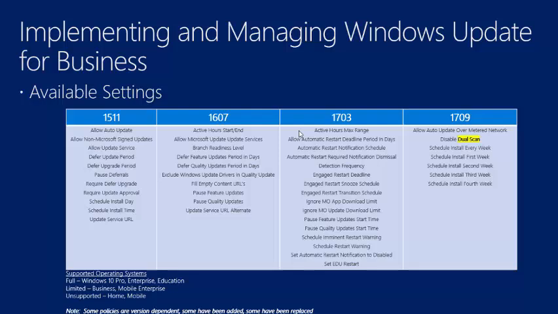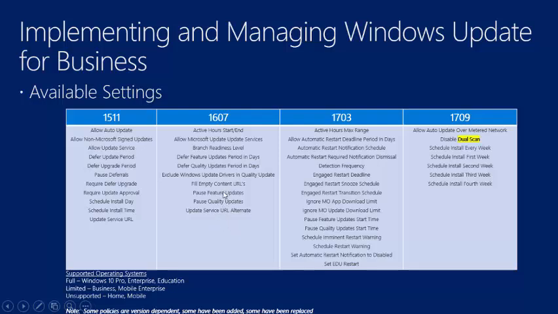So as you look across from left to right, version 15.11 all the way through 17.09, you'll see the different settings that we've added along the way. So for example, in 16.07, you see that we've added active hours, and that's a generic Windows Update setting. Allow Microsoft Update service, that's generic, but then we get the Windows Update for Business branch readiness level, defer updates, and then we keep going, right?